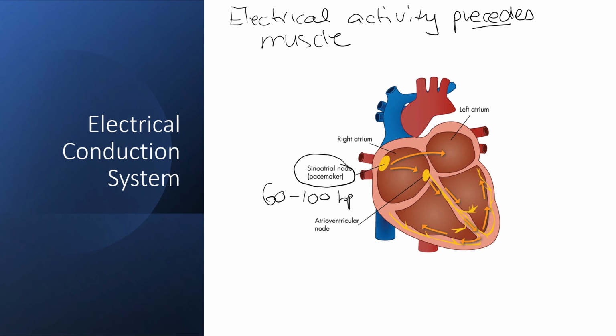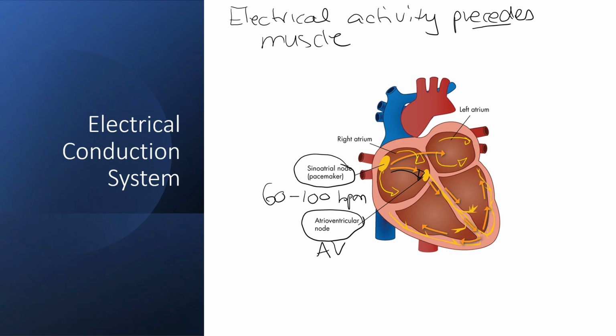Once that SA node generates an electrical impulse, that electricity gets sent to the AV node, or the atrioventricular node. And from the AV node, remember what we said, electrical activity always precedes muscle activity. Once that current is generated, it is going to spread over the right atrium, since it's located there, but it would also spread over the left atrium of the heart.